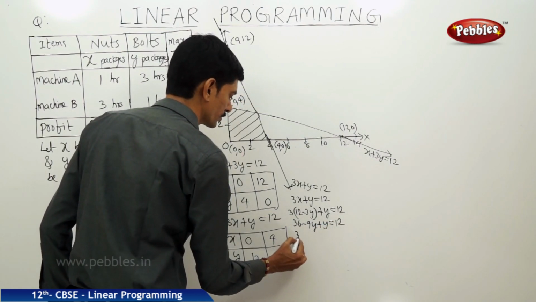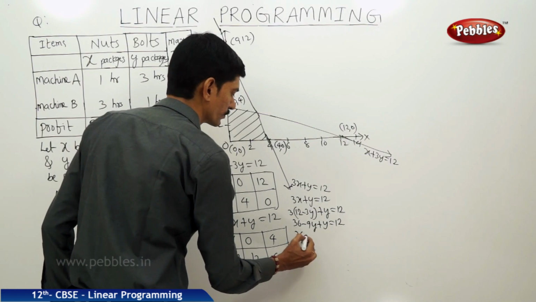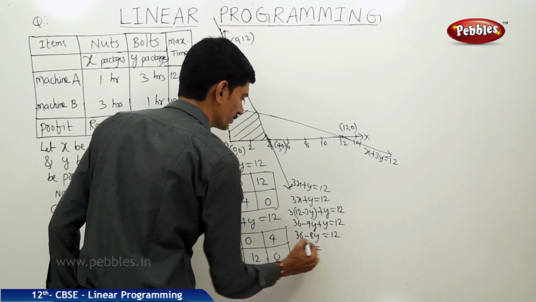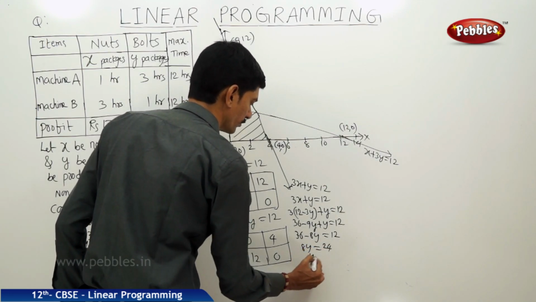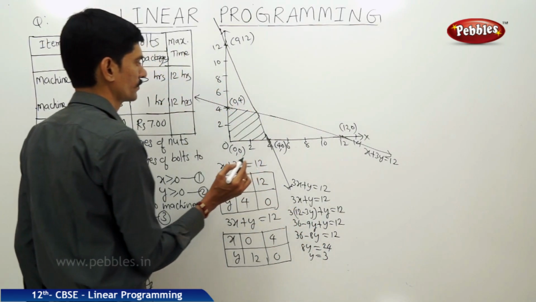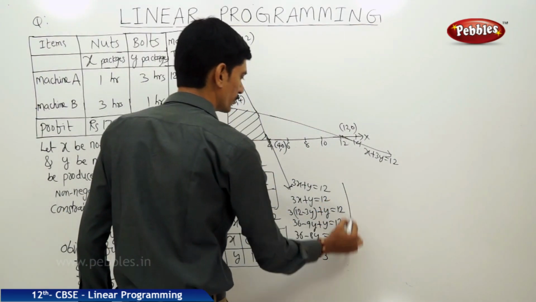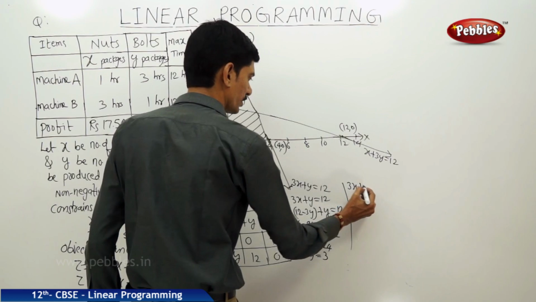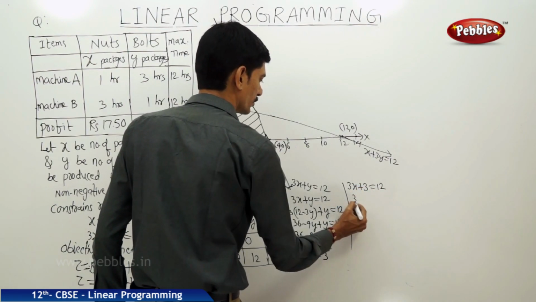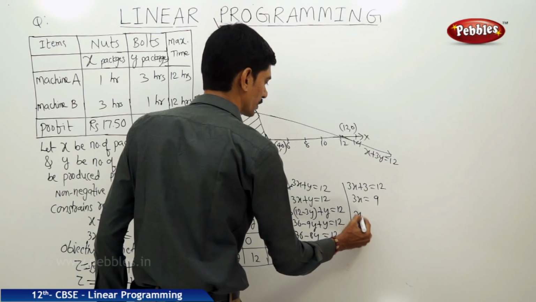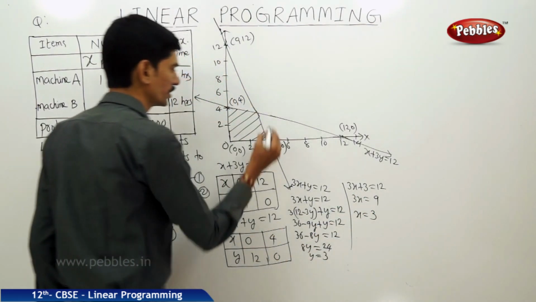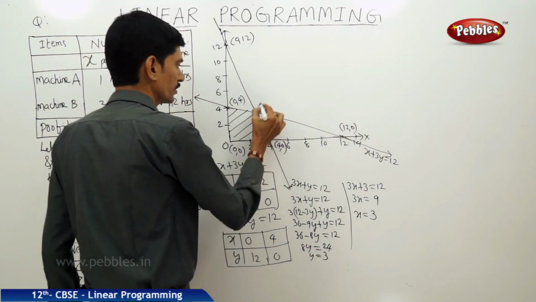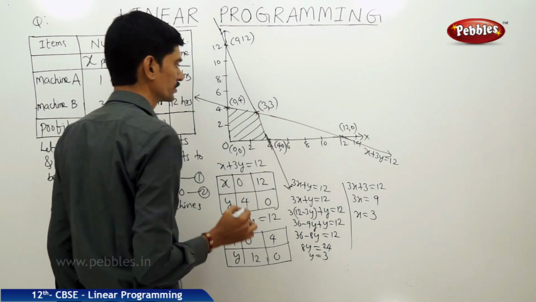Then 36 minus 8y equal to 12. Then 8y equal to 36 minus 12, 24. Then y value is 3. Then x value: 3x plus y value 3 equal to 12. 3x equal to 12 minus 3, 9. X equal to 9 by 3 is 3. The point of intersection of these two lines is 3, 3.